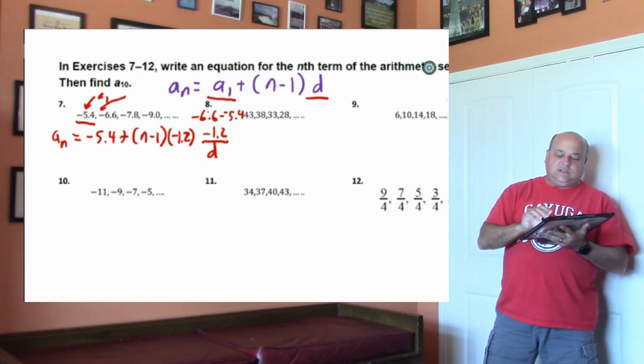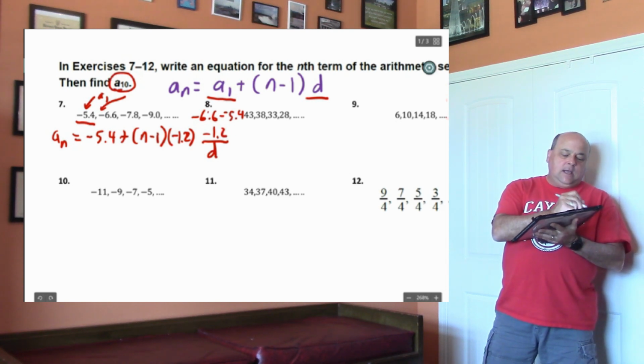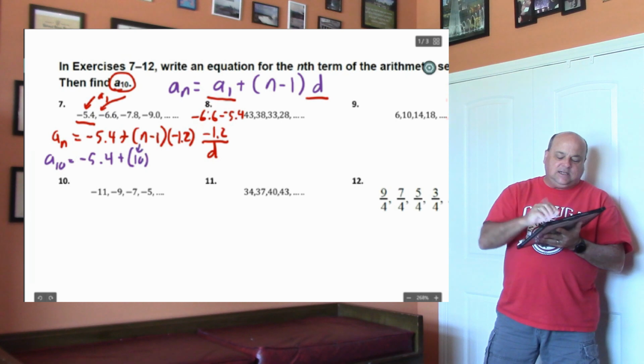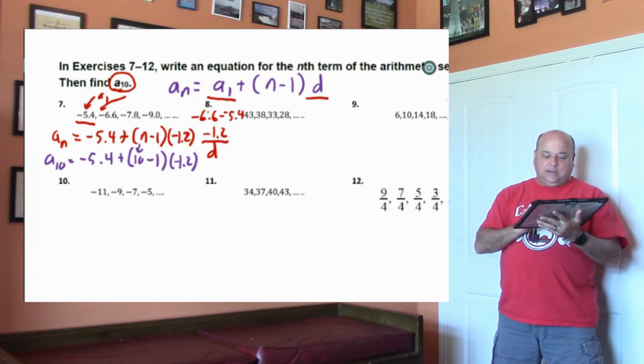Now then, it wants us to find the 10th term. So to do that, I'm going to write down a_10 equals negative 5.4 plus, and I'm going to change that n to 10. So it's going to be 10 minus 1, parentheses, negative 1.2. Type that into the calculator as is.